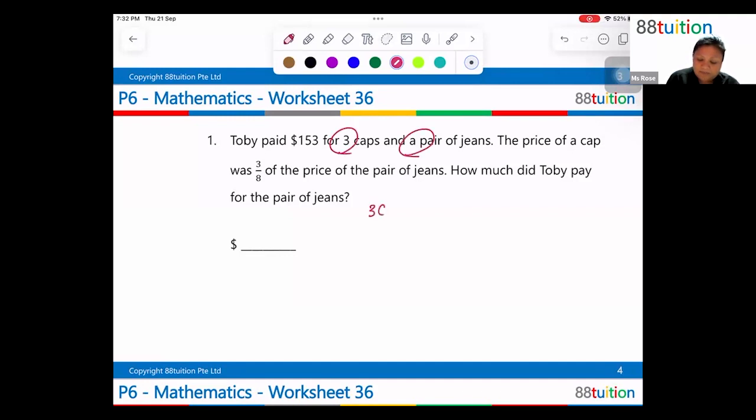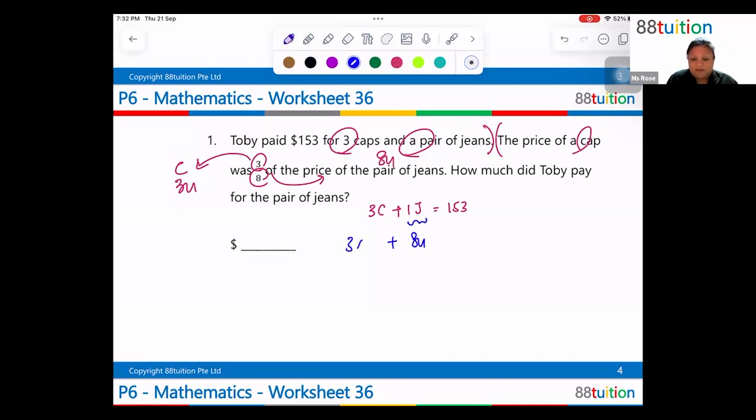So 3 caps plus a pair of jeans cost $100. So the price of a cap was 3 units, right? And the pair of jeans is 8 units. So the cap is 3 times 3 units, 153. So we have 17 units is 153.